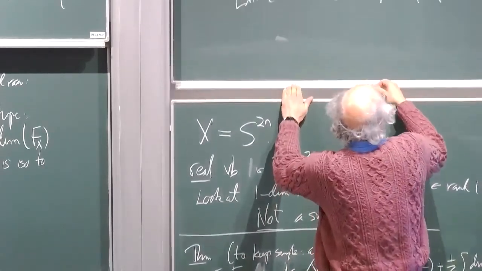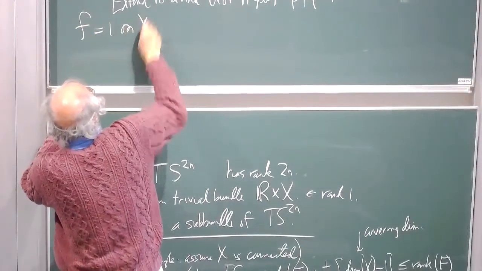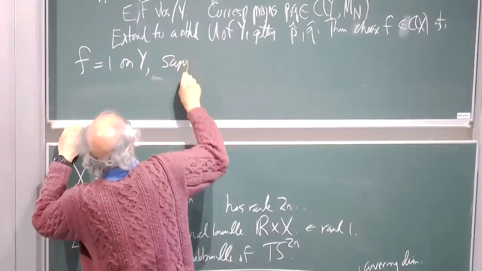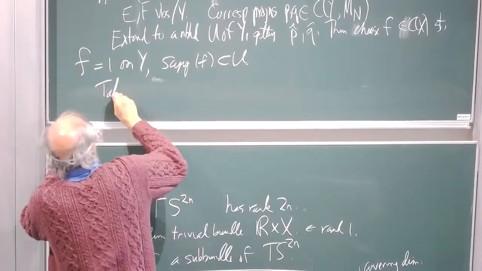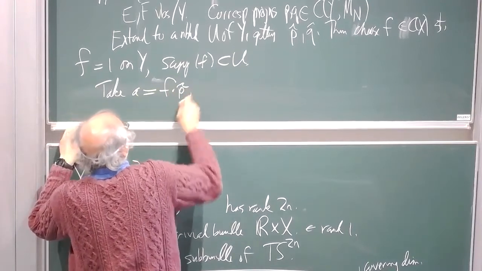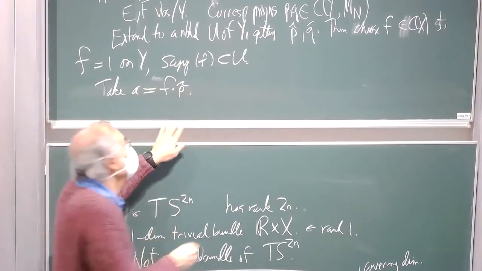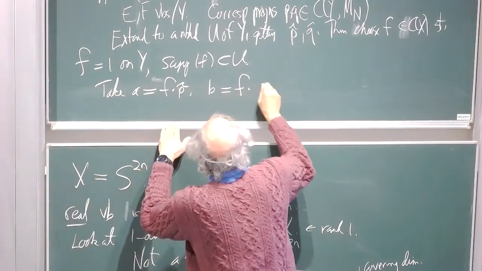And then such that f equals 1 on Y and the support of f is contained in U, and then I take A equal f times P tilde, which is now defined everywhere, and B equals f times Q tilde.